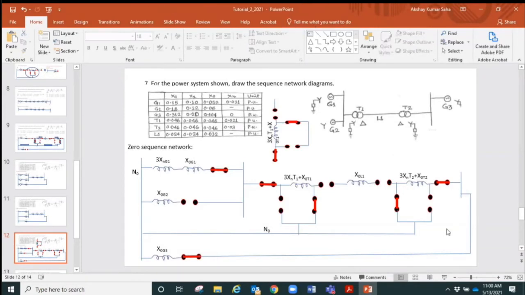So generator G3, now we have done it earlier, so that's the complete zero sequence reactance diagram or the zero sequence network.